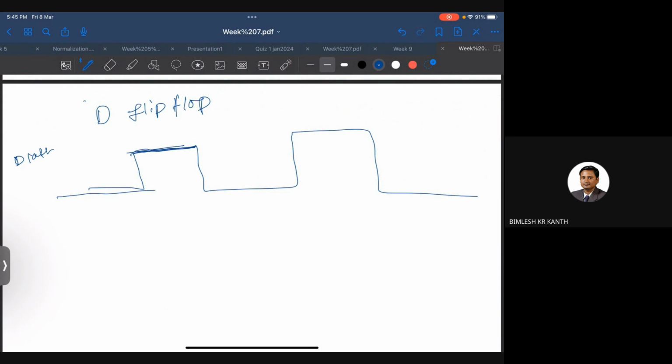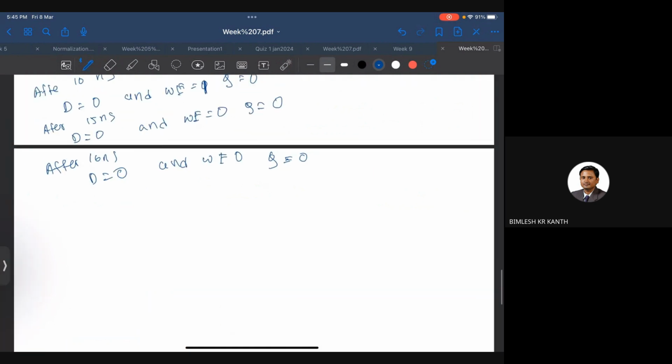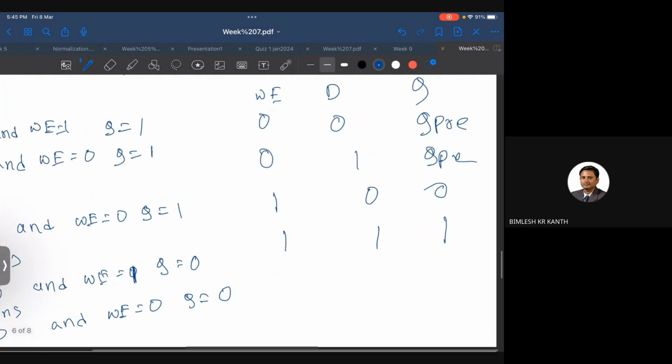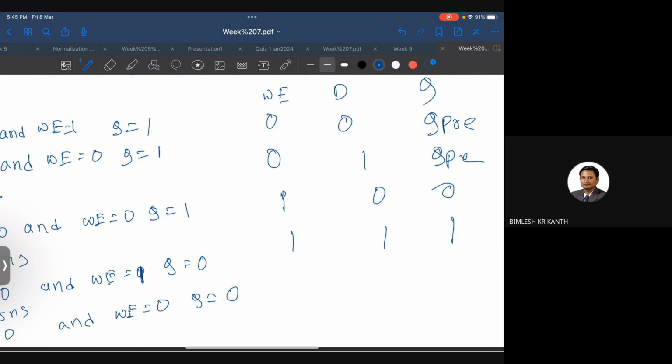Otherwise, if W equal to 0, the output is whatever Q previous was, as in the table. So in D latches, when W equal to 1, it changes according to the D value, correct?